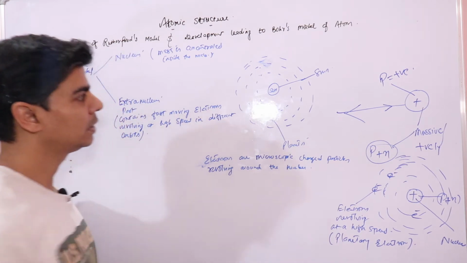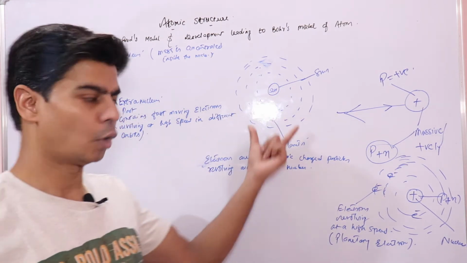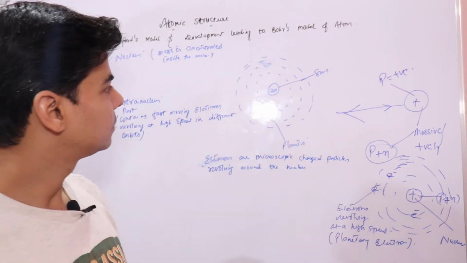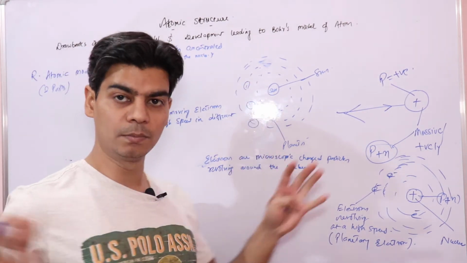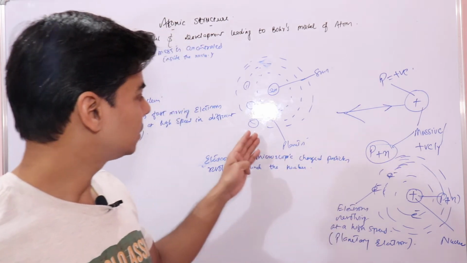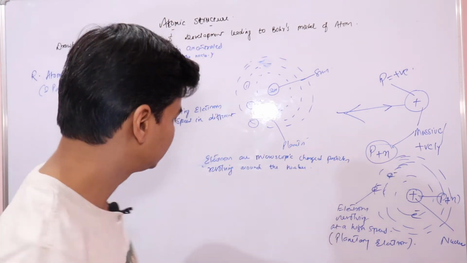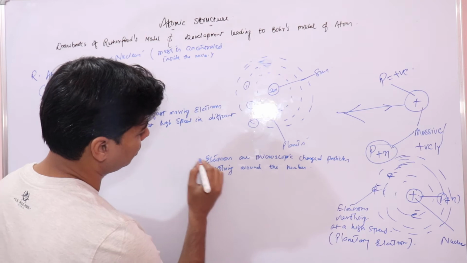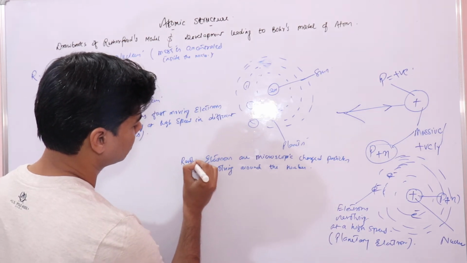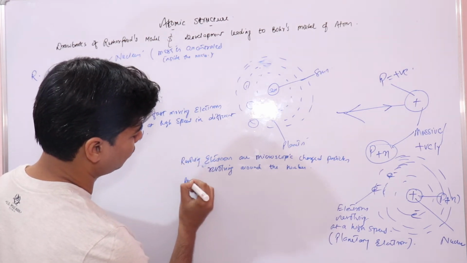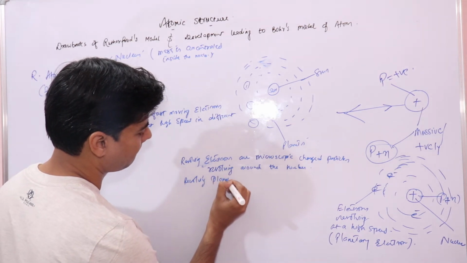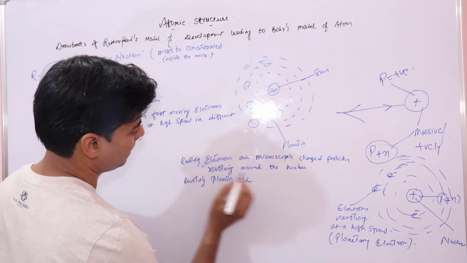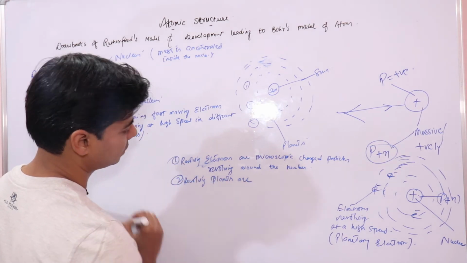Whereas if you look at the solar system model, these are planets revolving, and these planets are big bodies, right? And these are not charged, right? So these are revolving electrons, and revolving planets, this was the first difference, this was the second difference.